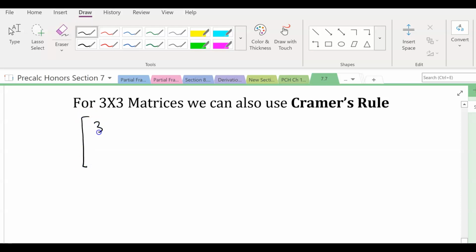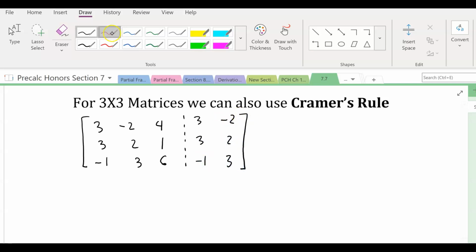I've got 3, -2, 4, 3, 2, 1, and -1, 3, 6, and then let's put a little dashed line here. And what I'm going to do is repeat these first 2 columns only on the other side of this dashed line. So I'm going to have 3, 3, -1, -2, 2, and 3.